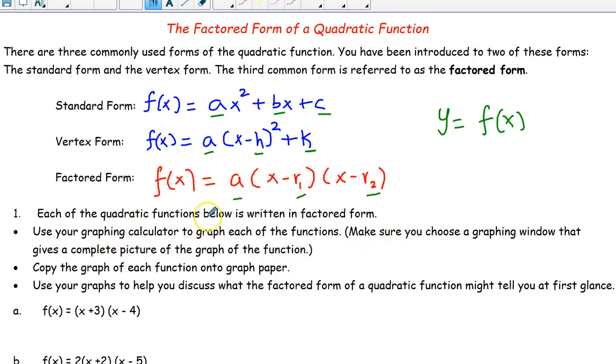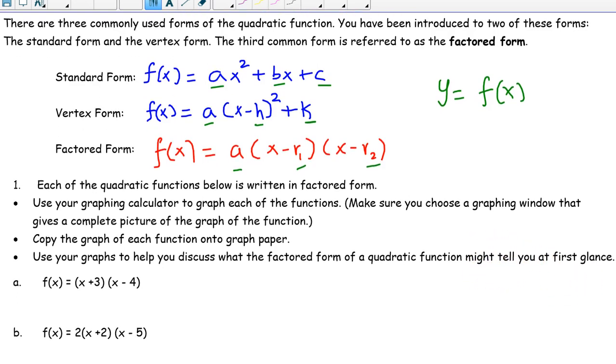Now, each of the quadratic functions below is written in factored form. We have a few problems here. Use the graphing calculator to graph each of the functions, and make sure that you choose a graphing window that gives a complete picture of the graph. Copy the graph of each function on a separate graph paper, and use your graphs to help you discuss what the factored form of the quadratic function might tell you at first glance.